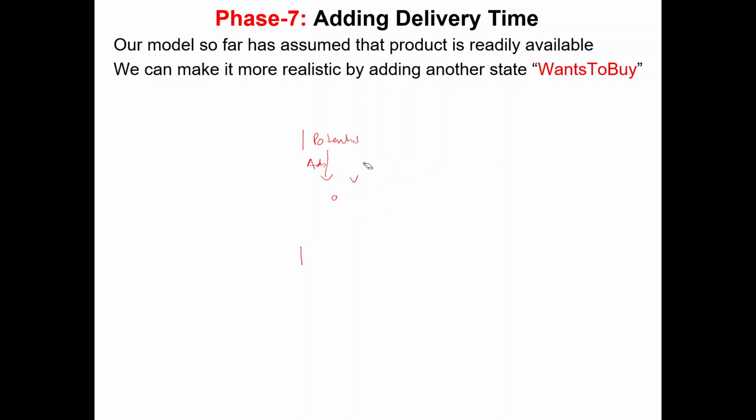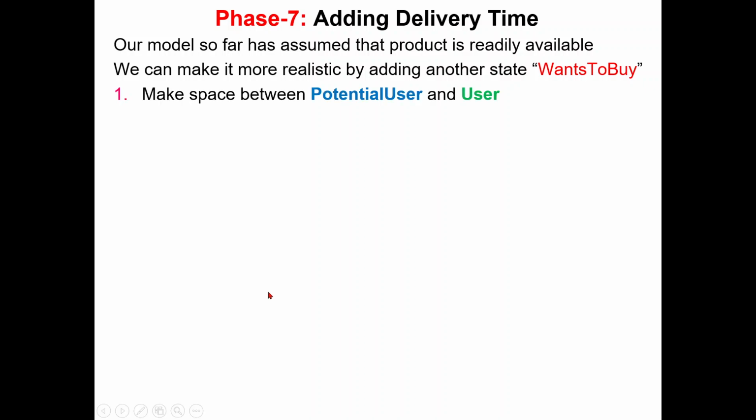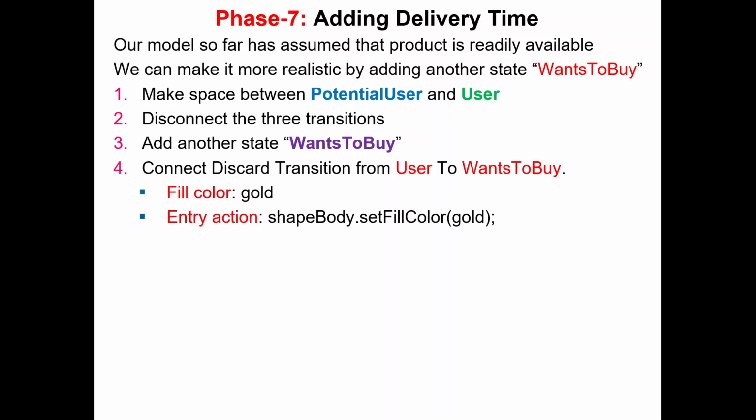For doing this, we already have two states, potential user and the user state. I'm going to show you the steps. We will make some space between the potential user and the user state. We will disconnect the transitions. We will add another state, wants to buy, and then, as done before, we will add an entry action.